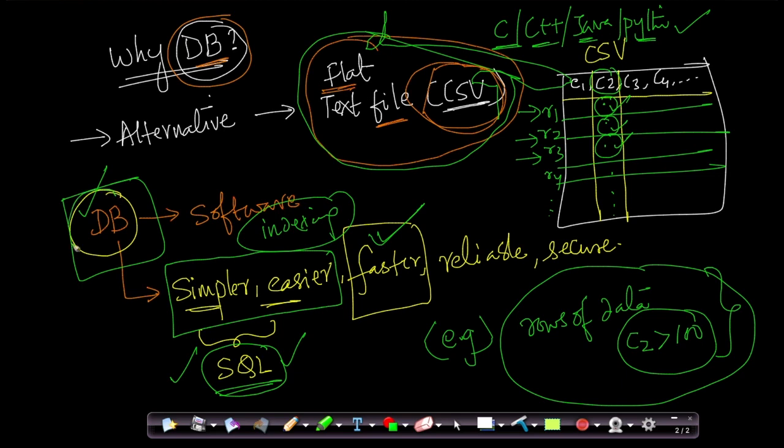So a database consists of lots of interesting software to make your life simpler, easier. Also, obtaining this data is way faster because databases build a lot of advanced data structures called indexing data structures, which make it extremely fast to retrieve this data.